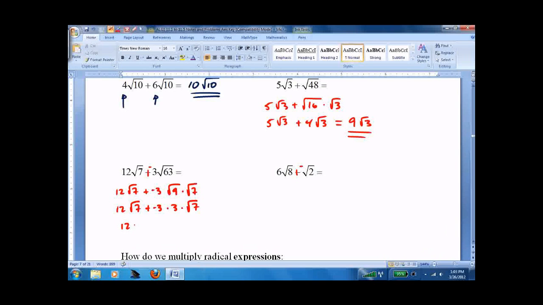So 12 root 7 plus negative 9 root 7. 12 minus 9 is 3 root 7. Tricky. Pause the tape, try the next one on your own if you want. And please remember, root 8 must be reduced. I can't tell you how many students don't reduce root 8 because it's a smaller number.